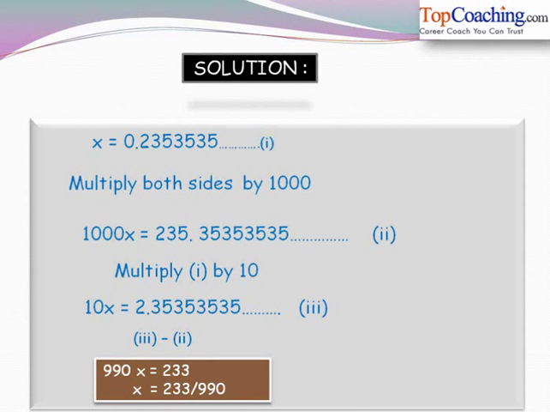Also q is not equal to 0. Thus this becomes a rational number, and so x is equal to 233 by 990, which is equal to 0.2353535 and so on. So this is the way we have converted a non-terminating and recurring decimal into a rational number of the form p by q.